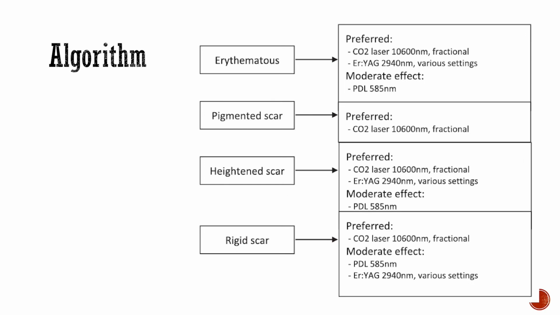So based on this study, the authors have come up with this algorithm according to which the clinicians can decide on which laser to use for which scars. So for an erythematous scar, the preferred is, and the moderate effect will be of the PDL. For a pigmented scar, the preferred will be a CO2 laser. For a heightened scar, again, the preferred one will be a fractional CO2 and erbium YAG, followed by PDL, which has a moderate effect.